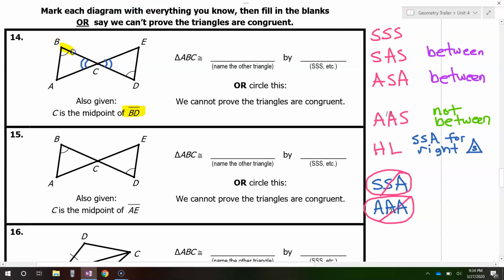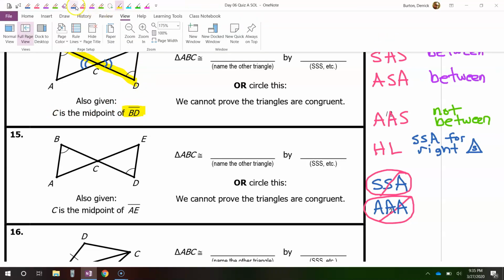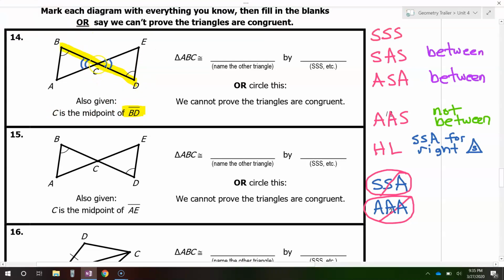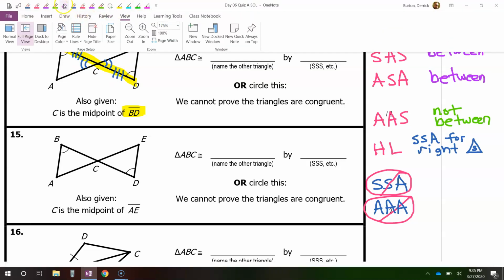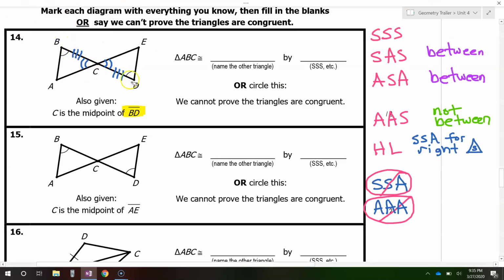Here's BD right here in yellow. That matters. So C is the midpoint of that only. So that means if C is in the middle of this yellowness, that means that this side right here, 1, 2, 3, is congruent to this side right here, 1, 2, 3. Okay, so now I have those marked congruent.